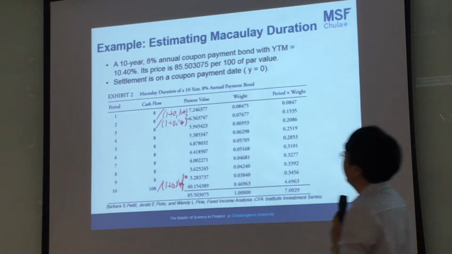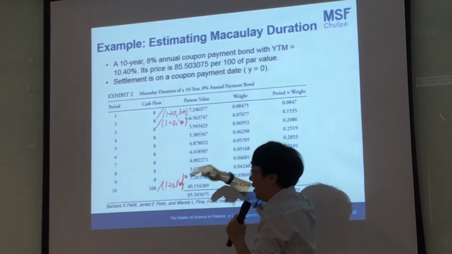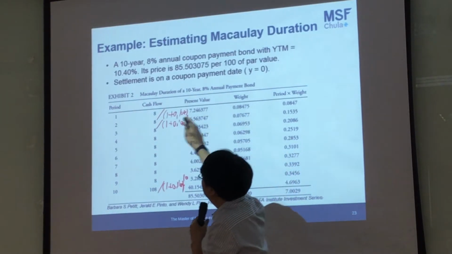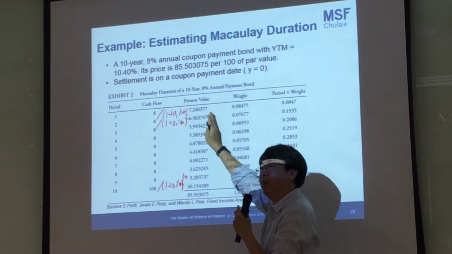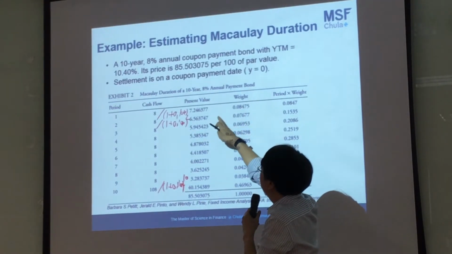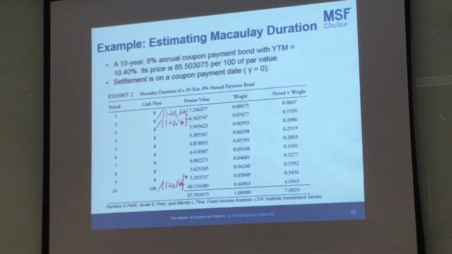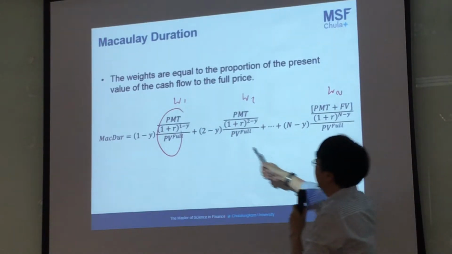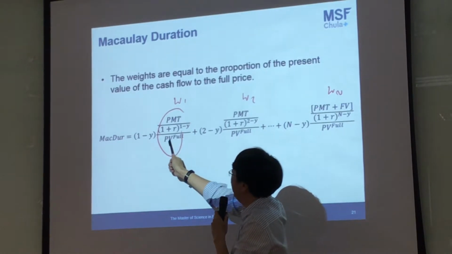You get the present value. It's up to you: you can multiply this with the time period first, or in this case divide the present value by the price first. The weight is just the present value divided by the price, the current bond price.